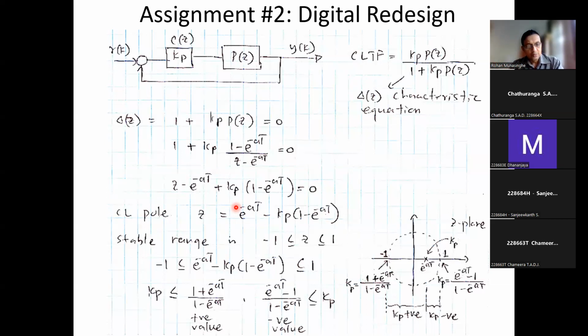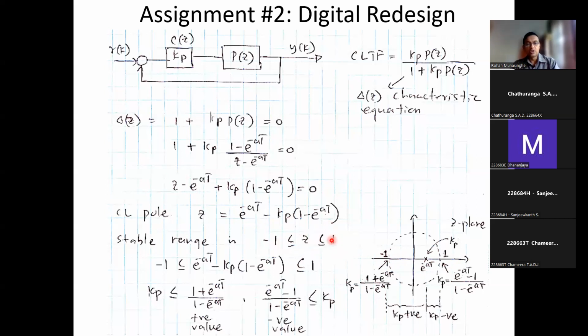A first order system is always non-oscillatory, so the imaginary part is 0. So this is just a point on the x-axis, so it should be to the right of this point and to the left of that point. So we write -1 less than or equal to z, less than or equal to 1.